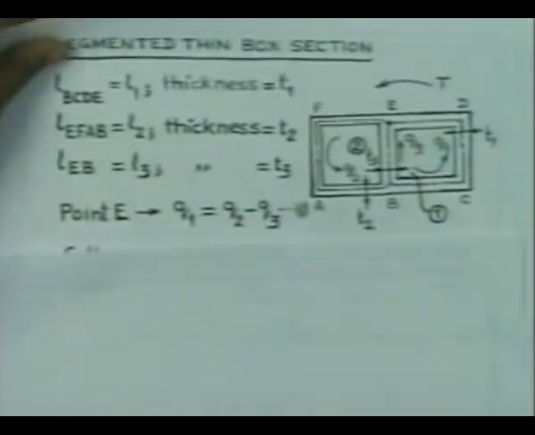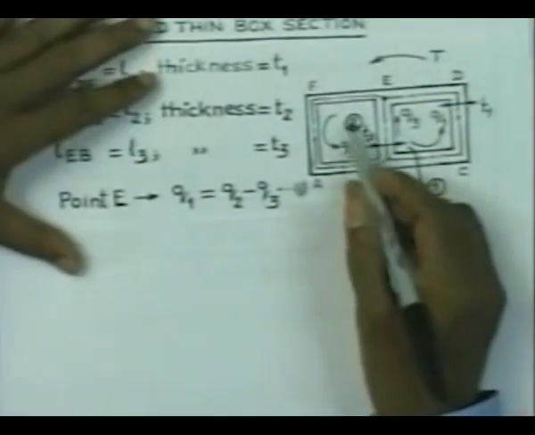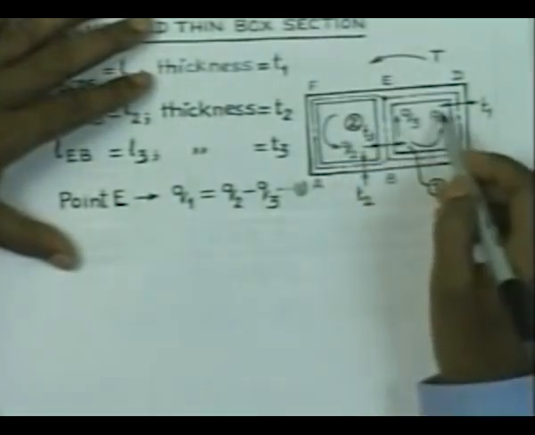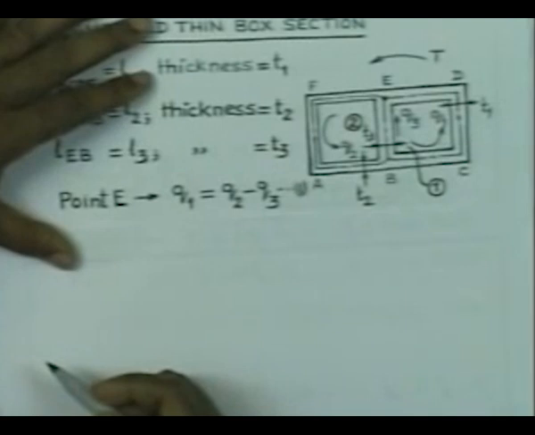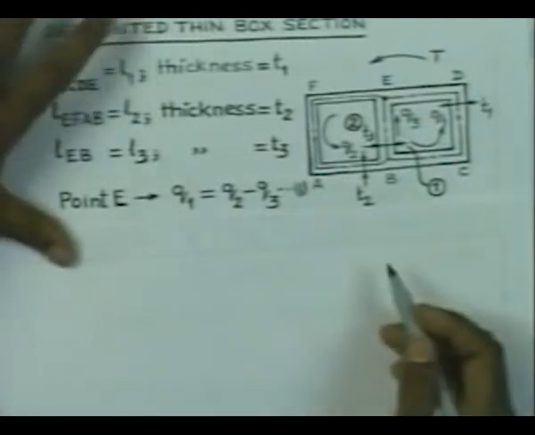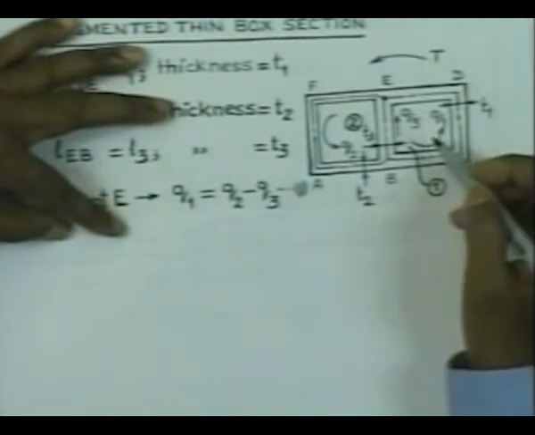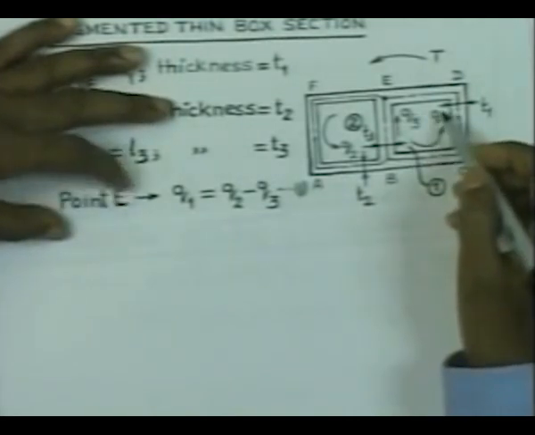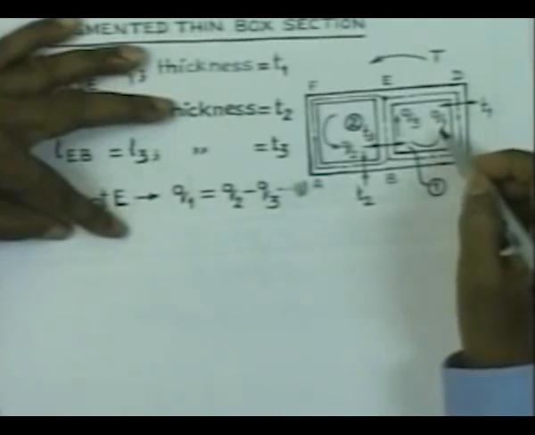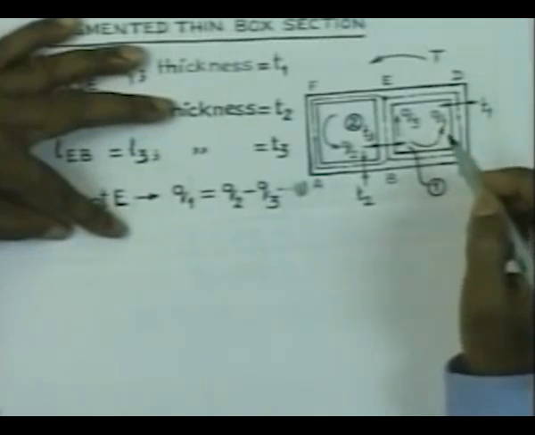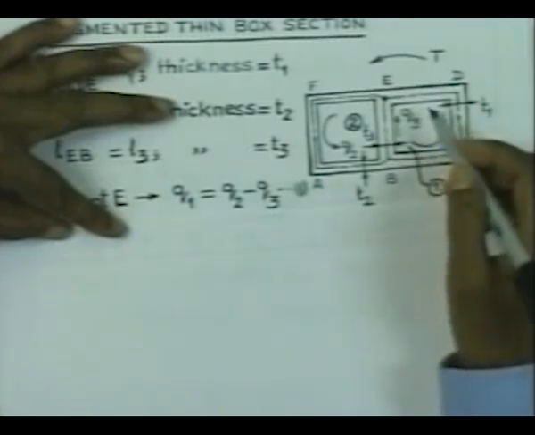Let us now consider this cell, or let us say first we consider this cell 1. For this cell 1, we can consider the Bredt-Batho formula, wherein we can write that the torque taken by this flow Q1 is nothing but twice Q1 into the area enclosed by this cell, A1.